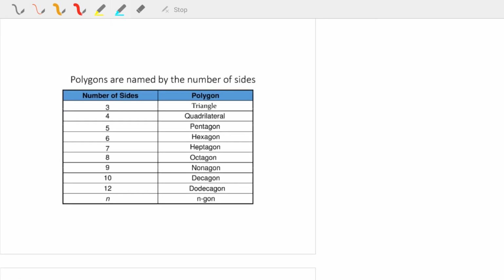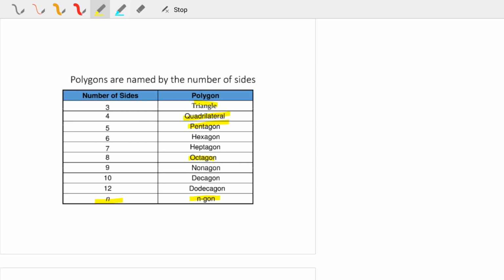Do you really need to know these names? Maybe you need to know those because those are the ones that I know, but really it doesn't matter. It's just trying to show you what the names are. In fact, when we go to really big numbers, it's going to be pretty hard to draw them, or even know the name of it, because let's be honest, I don't know the name sometimes.